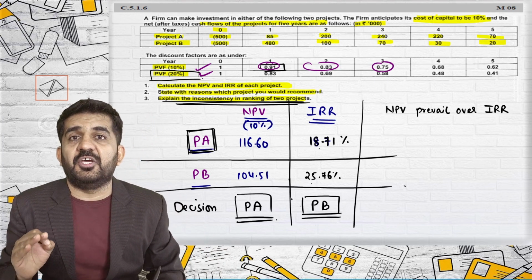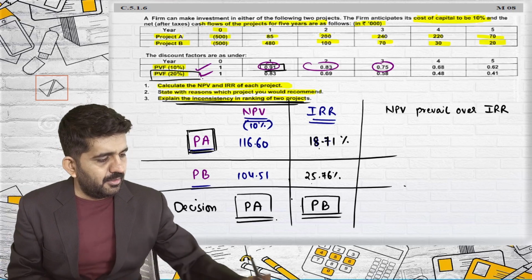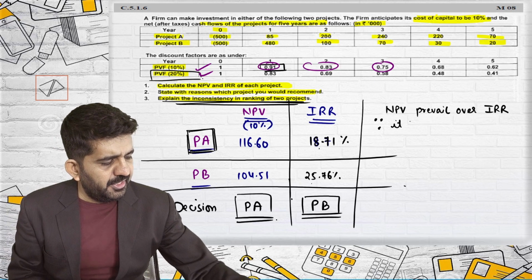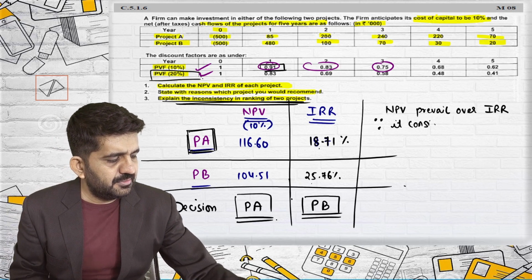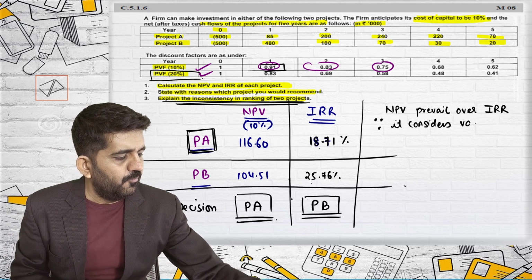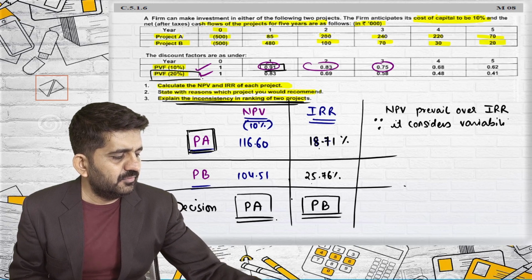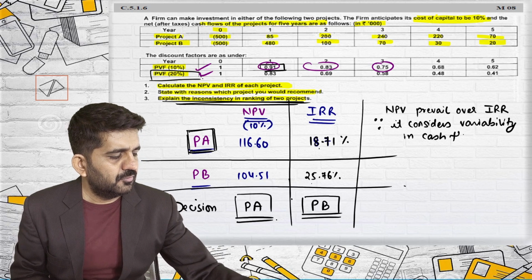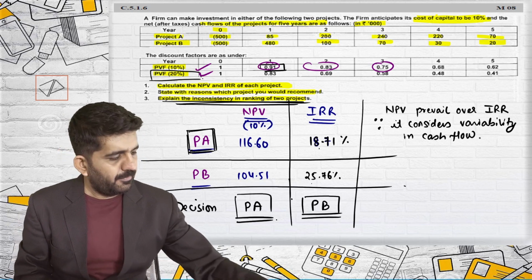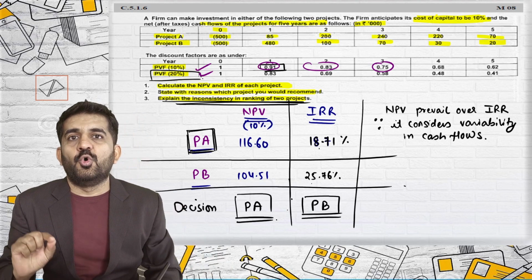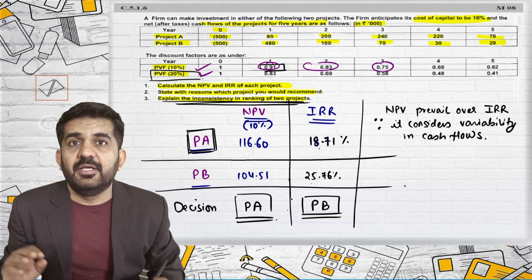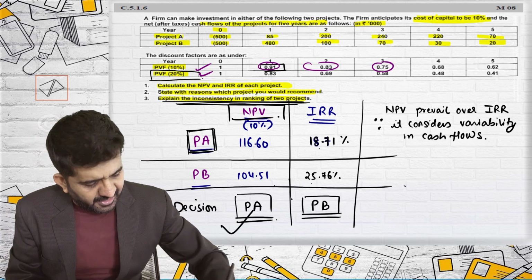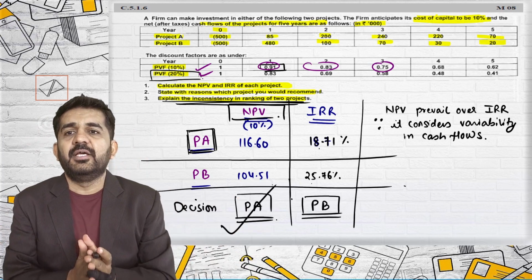NPV is a superior method to IRR because it considers variability in cash flows. And so whenever there is a conflict between IRR and NPV, NPV will always prevail. I will be selecting project A.